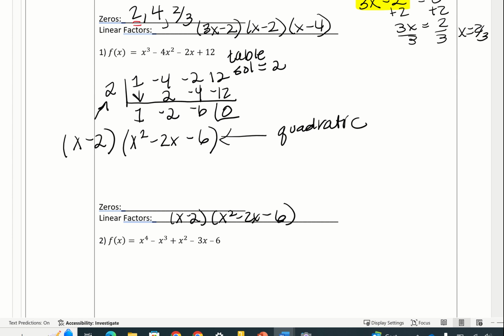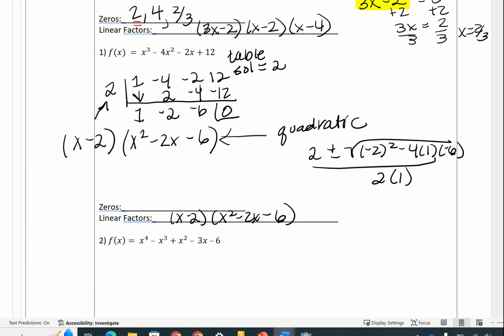So we're going to do the opposite of b, which is going to be positive 2 plus or minus the square root of -2 squared minus 4 times 1 times -6 all over 2 times 1. So when I do that, I believe, and I might go a little bit down into this other problem, you get 4 minus a -24, so you actually get a positive 28. So you get 2 plus or minus root 28 all over 2.